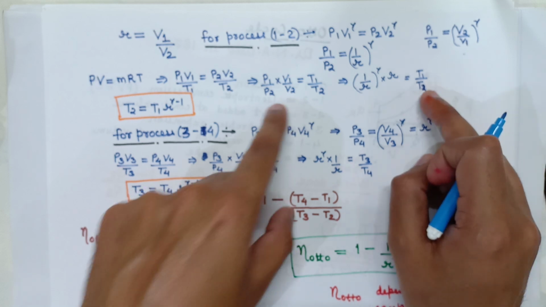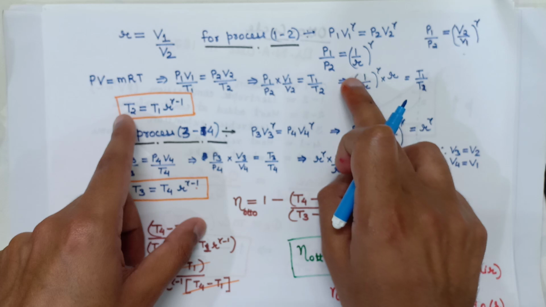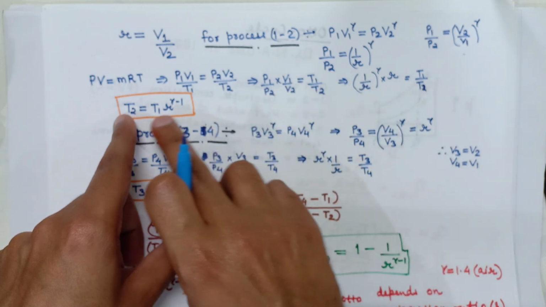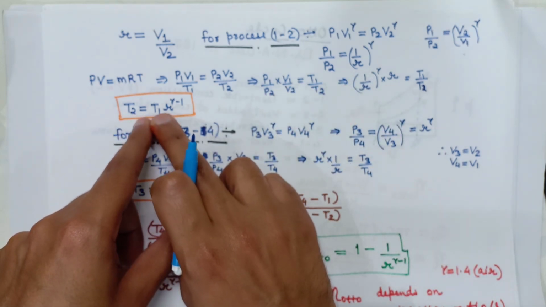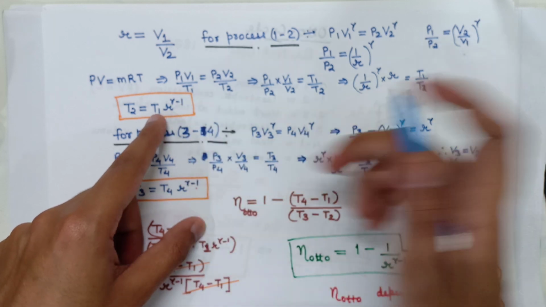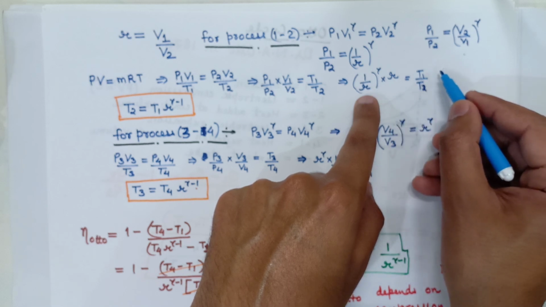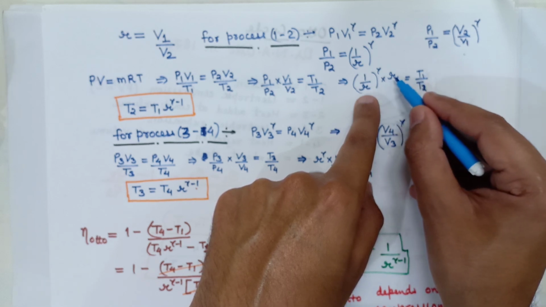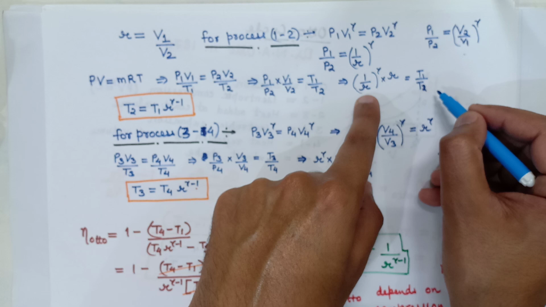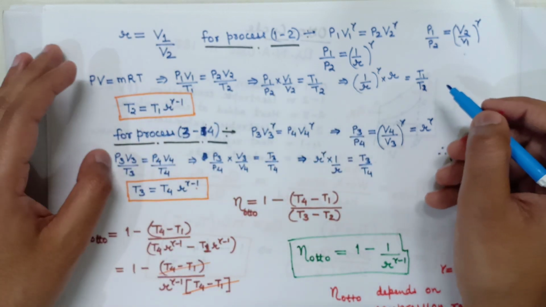So from here we get T2 equal to T1 into R to the power gamma minus 1, because R to the power gamma is shifted here and R goes to the denominator, so it becomes R to the power gamma minus 1.